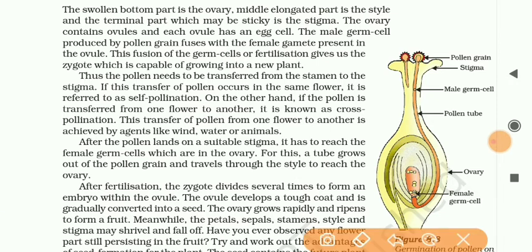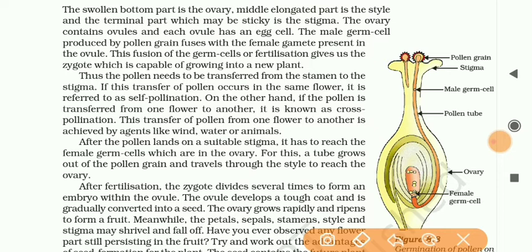So, dear class, stamen has two parts, anther and filament, and the anther has the pollen sac, and the pollen sac consists of pollen grains, and these pollen grains act as the male gamete in flowering plants.